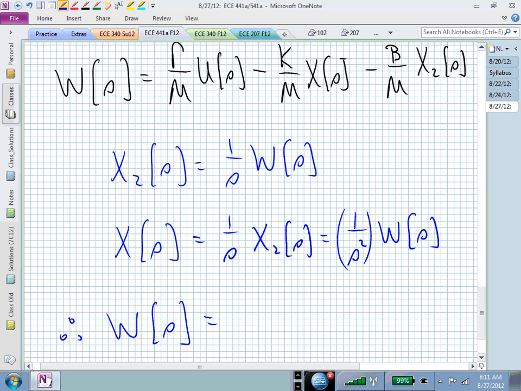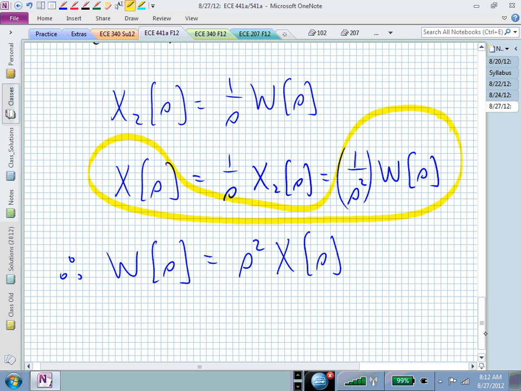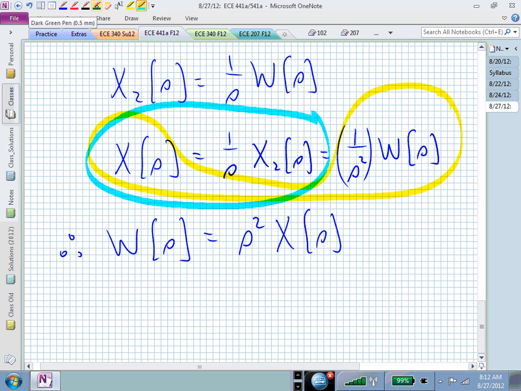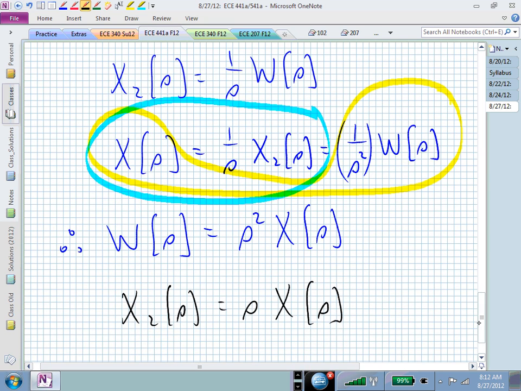I can solve that most recently found expression for W of S, and I see that that's just S squared X of S, just looking at this piece and solving for W. So now I have W is S squared X, and I also have from this piece right here that X sub 2 is S X of S. And now I have W and X sub 2 written in terms of outputs and inputs.